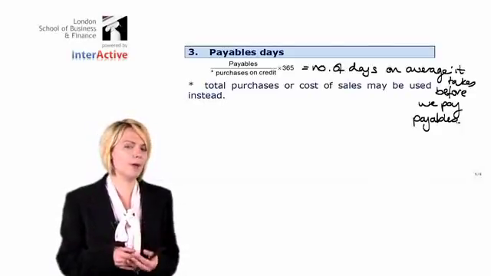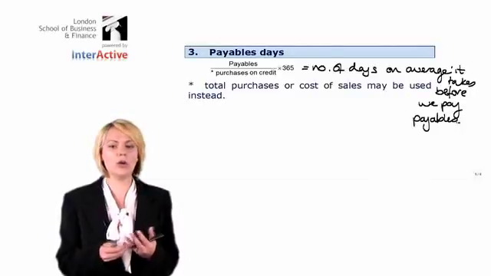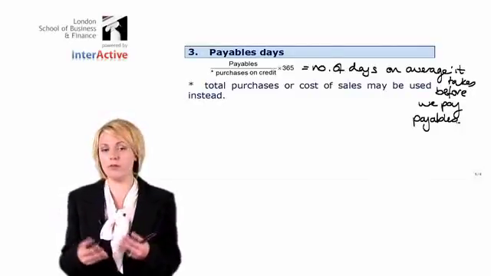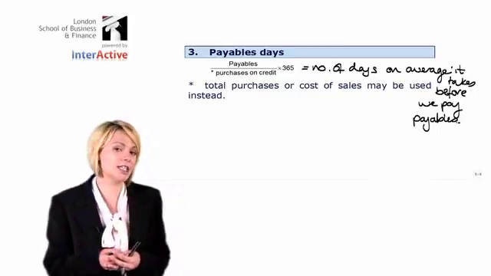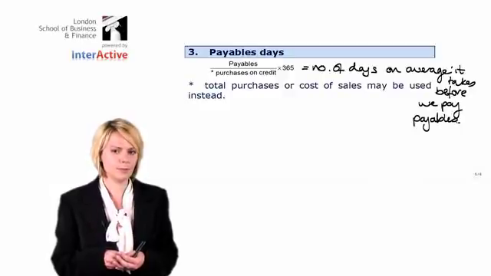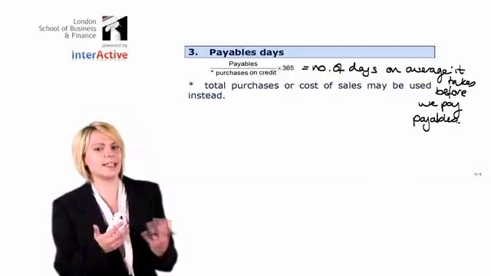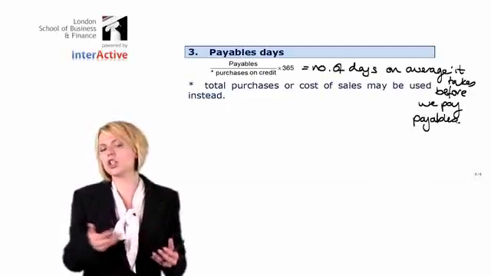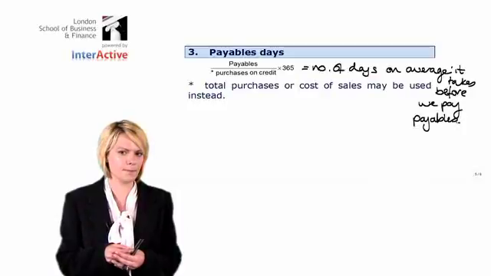So usually it's credit purchases, but if you don't have that, purchases as a whole or even cost of sales would be an appropriate denominator. You multiply that by 365 and that's going to give you the number of days. It will always be 365. I appreciate that there's not always 365 days in the year, but it's just an approximation and it's absolutely fine to use for the exam.